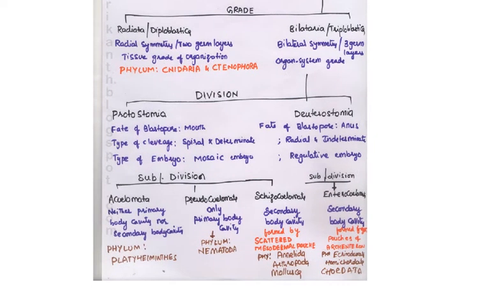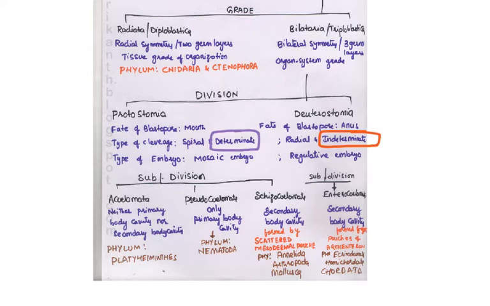Grade Bilateria or Triploblastica is further classified into two divisions, division Protostomia and division Deuterostomia. Division Protostomia is having determinate type of cleavage. In division Deuterostomia, indeterminate type of cleavage is present.